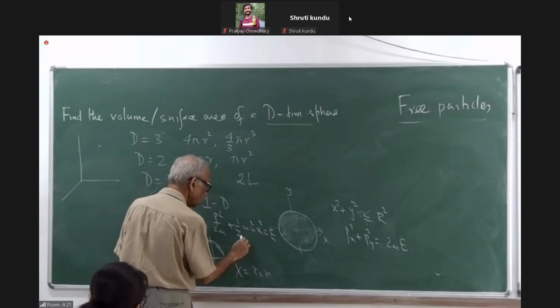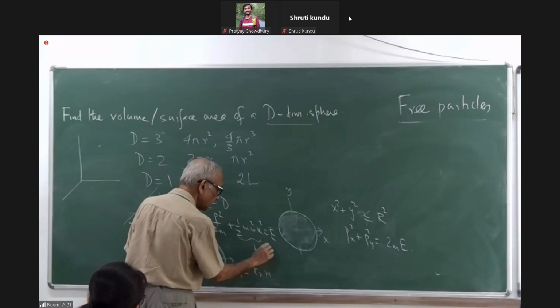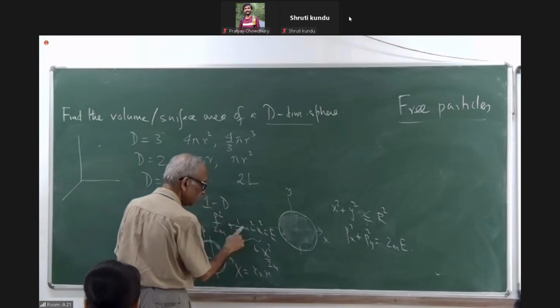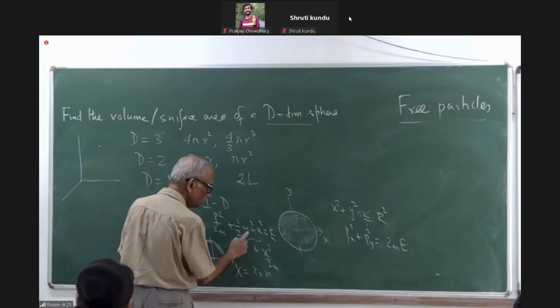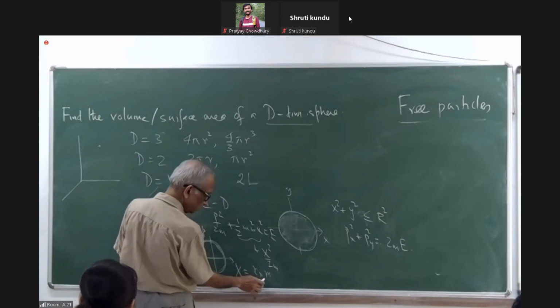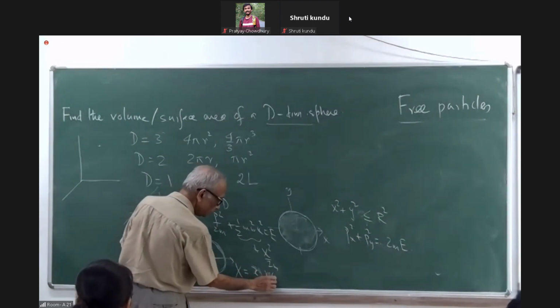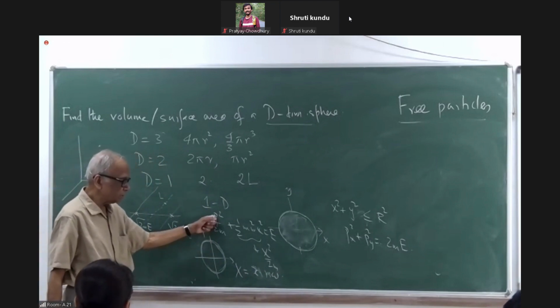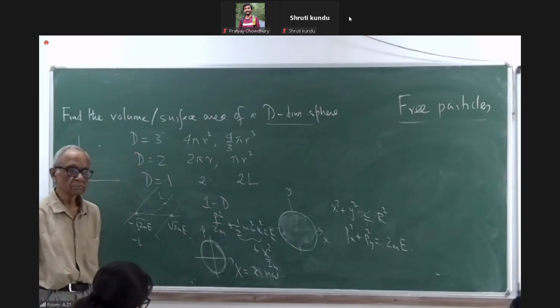I want to write this as capital X squared over 2m. So capital X is equal to m times omega times small x. Then it is p squared plus capital X squared equal to 2mE.